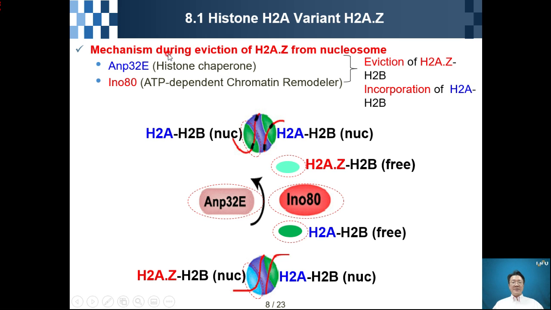This is the mechanism during the eviction of H2AZ from the nucleosome. At that time, two proteins are involved: one is the histone chaperone, and the other is also an ATP-dependent chromatin remodeler, but a different protein, INO80. First, eviction of the H2AZ H2B dimer happens, and after that, incorporation of H2A and H2B into the new nucleosome. It's like this.